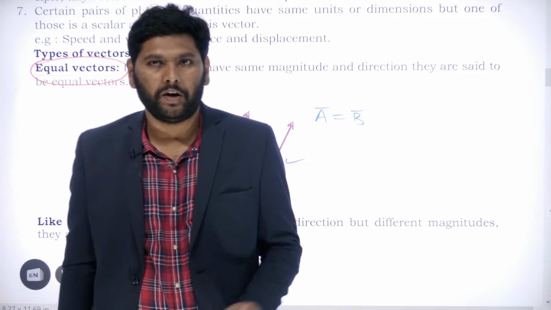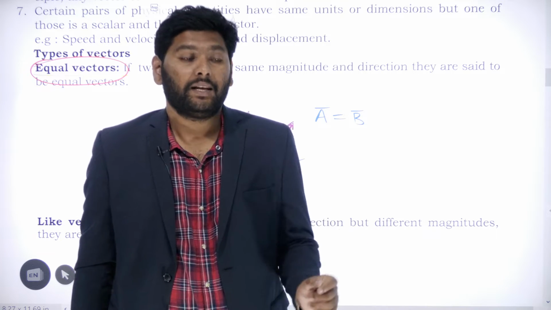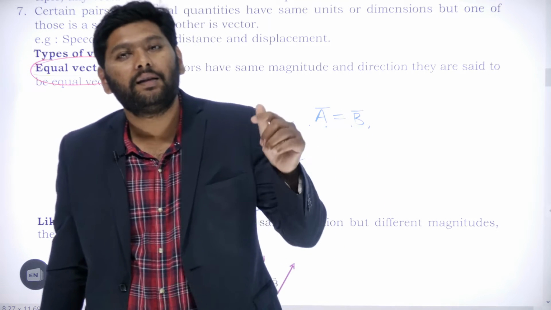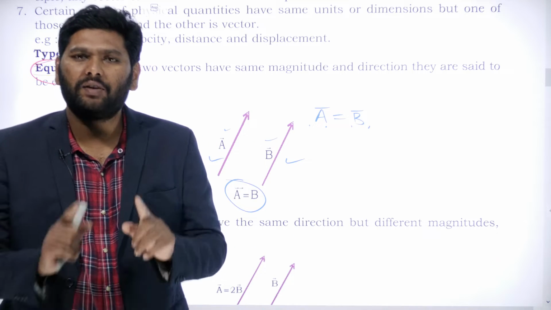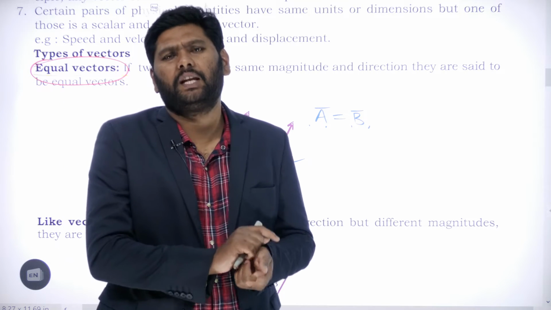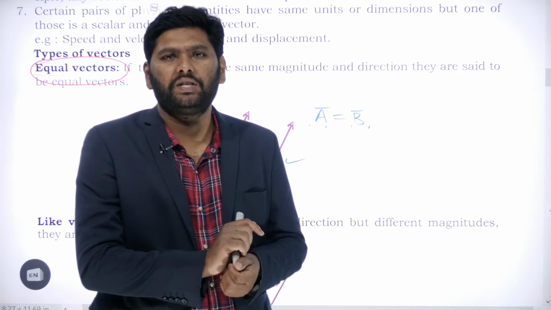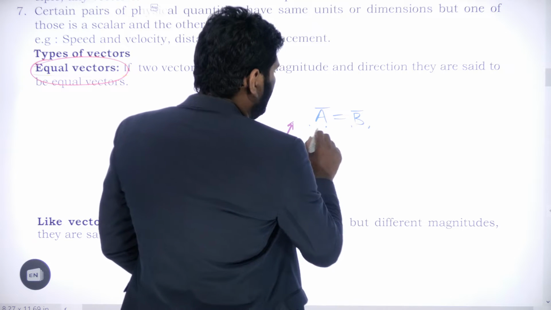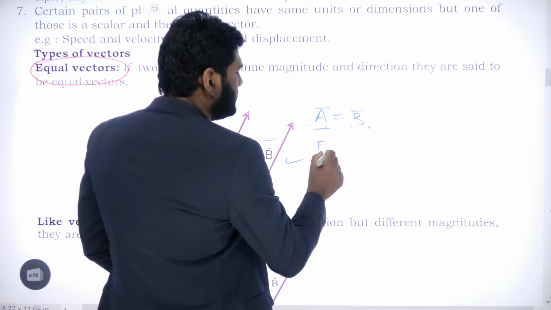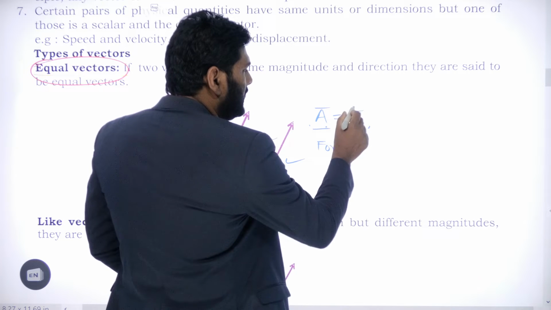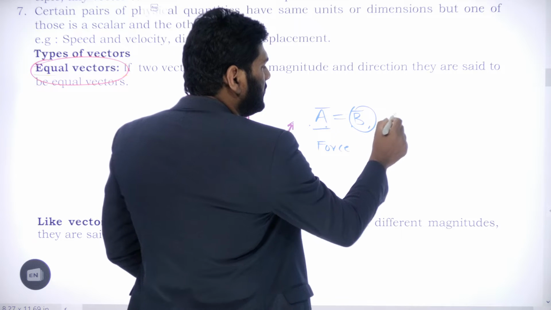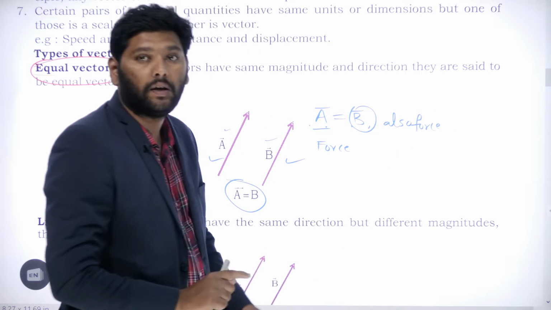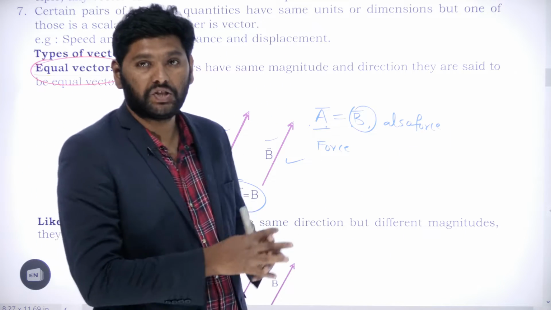And one more important point here, children: A bar and B bar must have the same nature. What is meant by same nature? If A is a force, then B also must be a force.